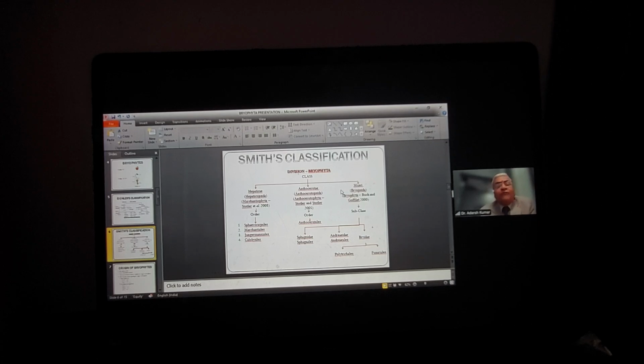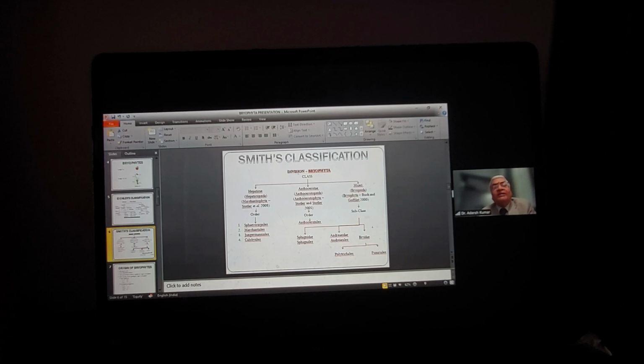My dear friends, the recent classification proposed for the bryophytes is somewhat different. As per this classification, Hepaticae has been placed in a separate division called the Marchantiophyta, as per Stotler et al.